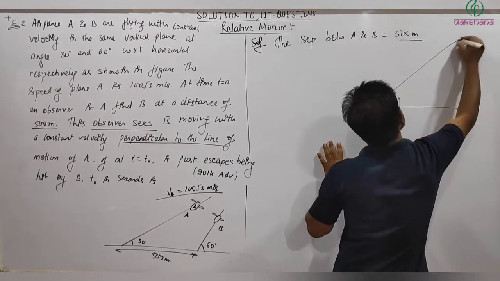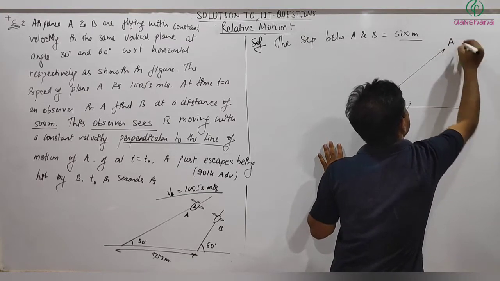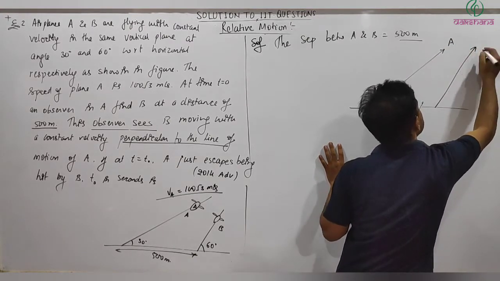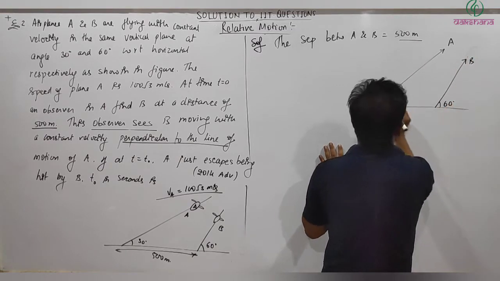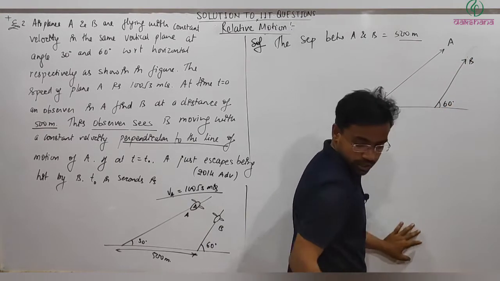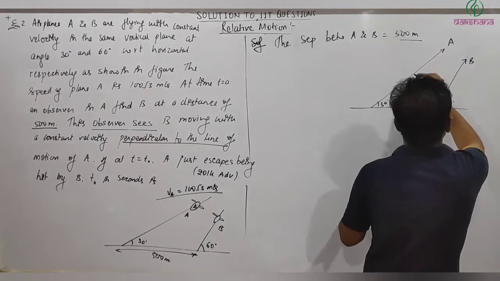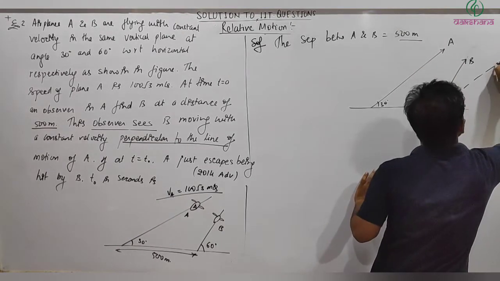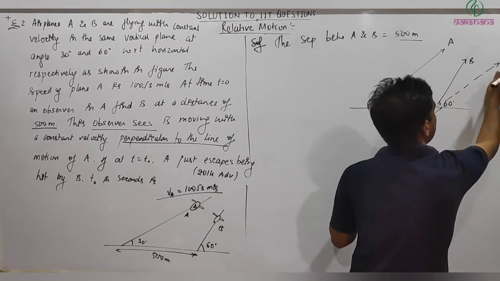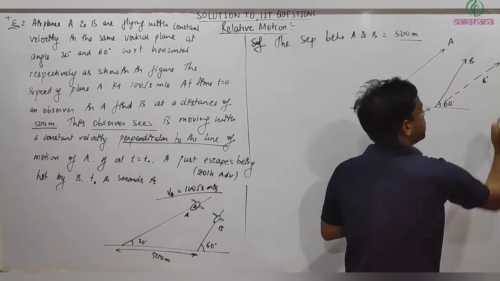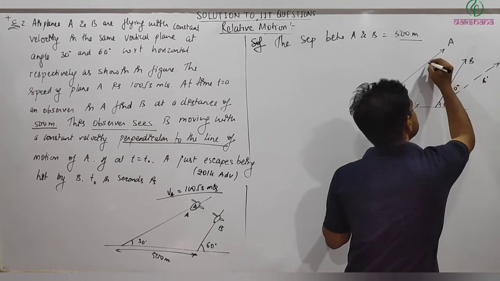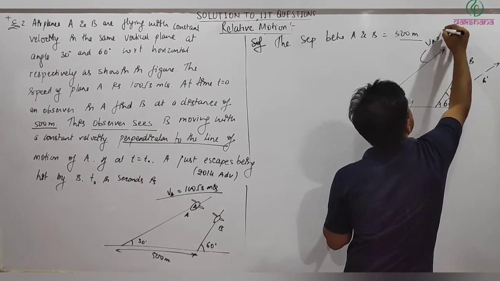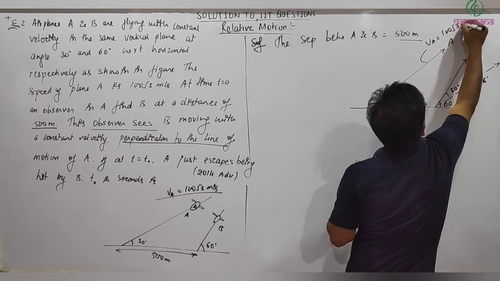This is the motion of A and that is B. This is 60 degree and this is 30 degree. Here I can draw one line parallel to A, let me write it B prime. Then this angle will be 30 degree. The velocity of A is 100 root 3 meter per second.